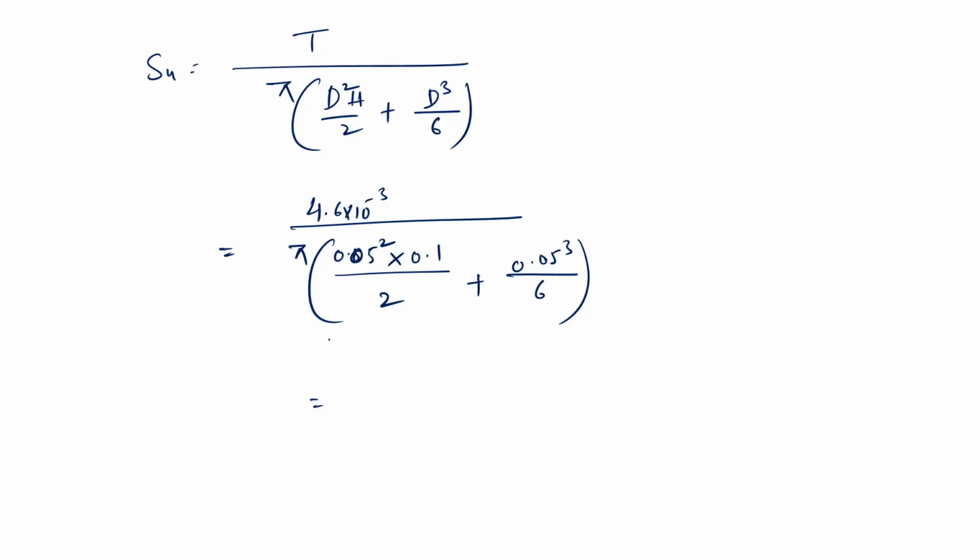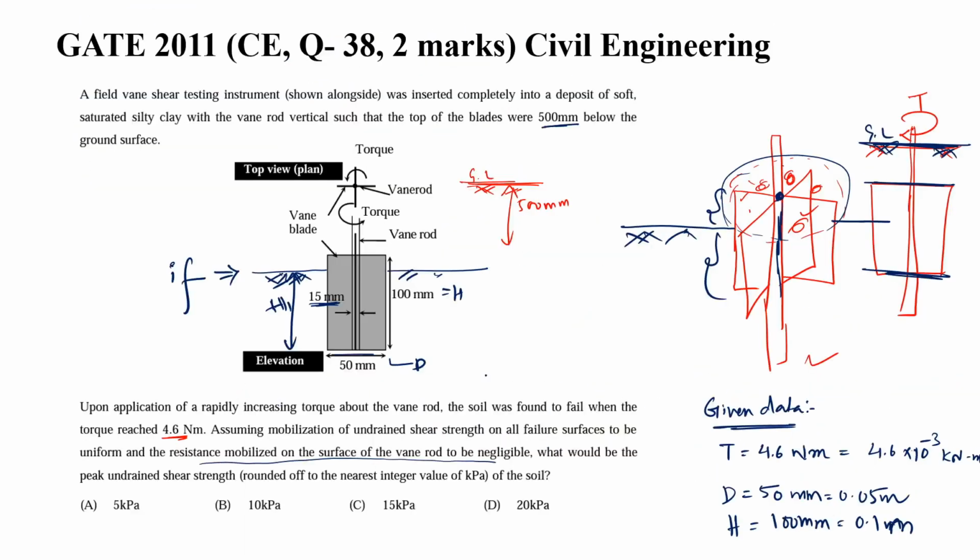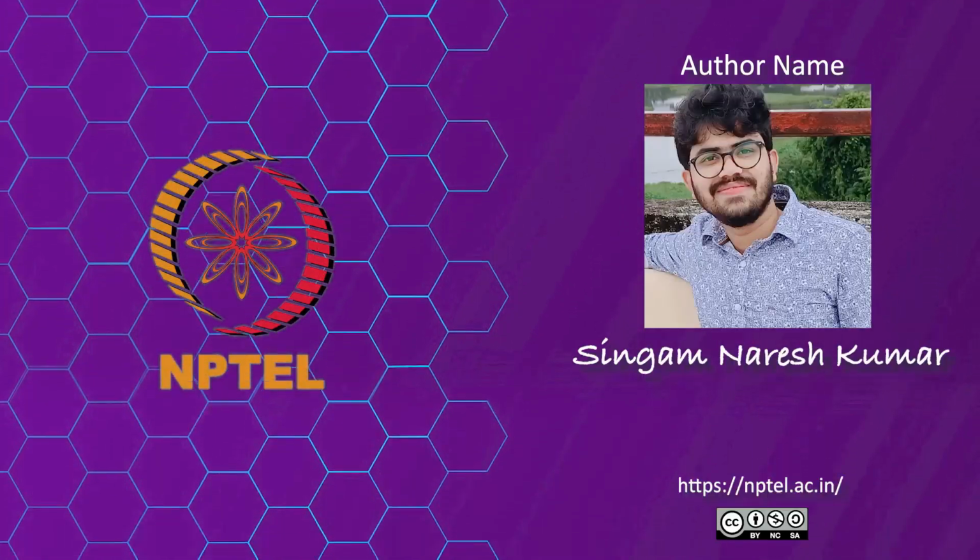The answer is 10.04 kPa. Going back to the question, the value is 10.04 kPa, which we have got. Rounded off to the nearest integer, that is 10. So the answer is 10, option B. Thank you.